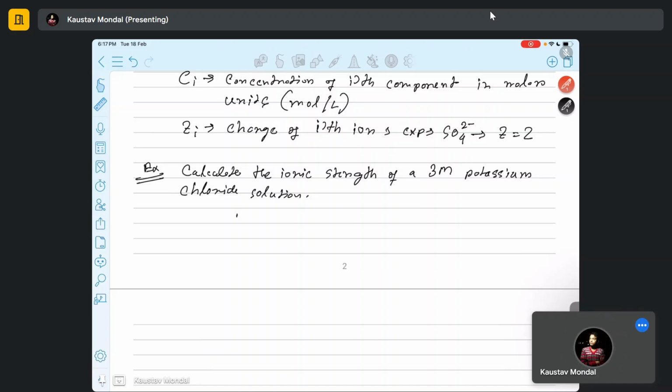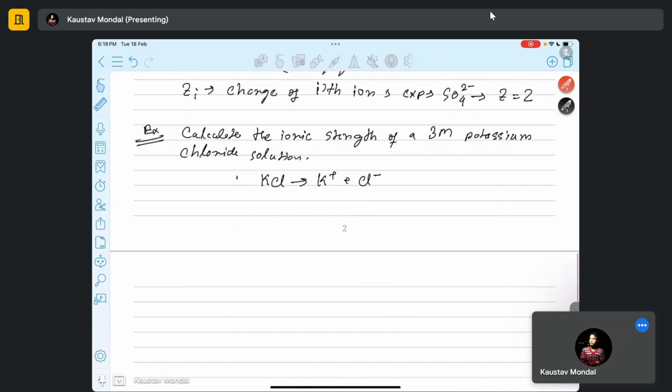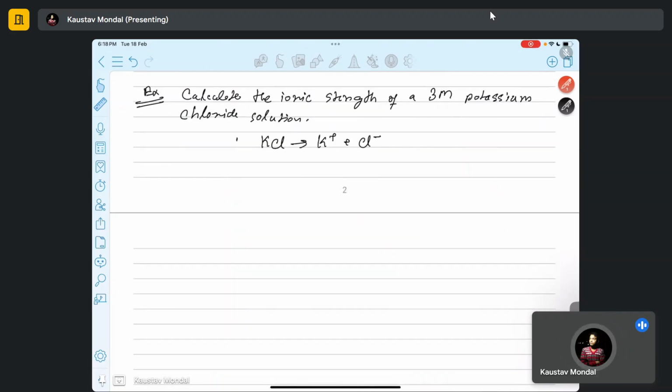So in the solution, after dissociation, the KCl will be dissociated into K plus and Cl minus. So now you have to calculate the ionic strength.